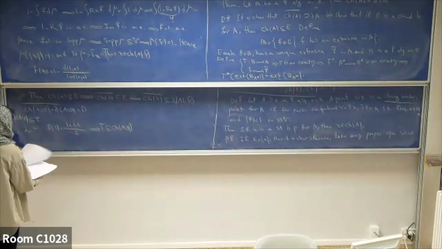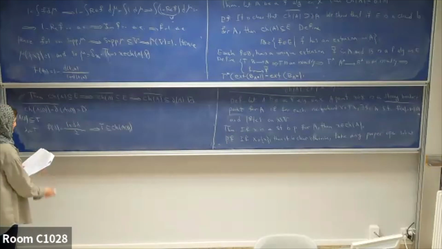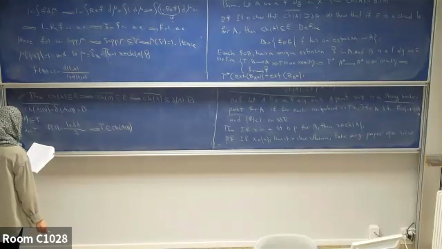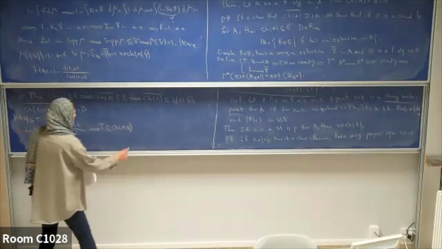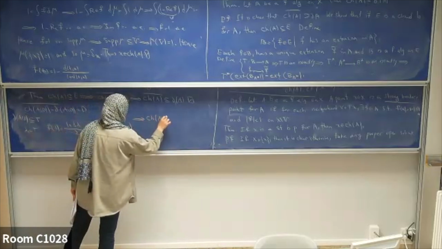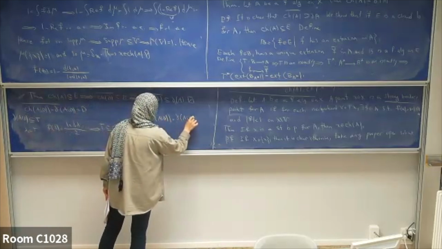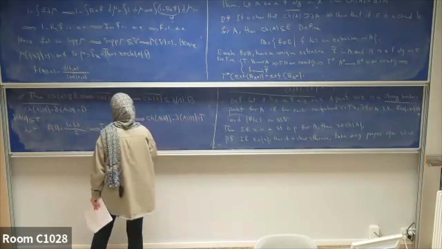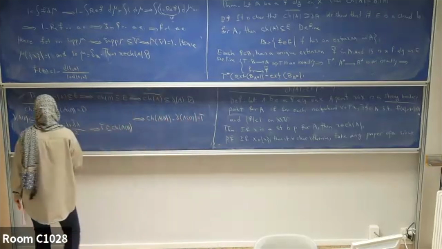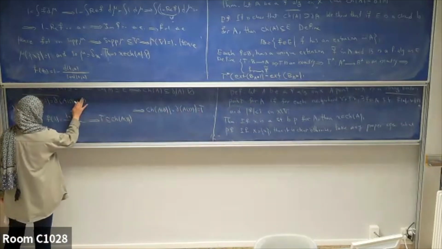And if you combine these relations, you can obtain that the Choquet boundary of the disk algebra, its Shilov boundary, is T. This bar here is, sorry, I wrote it by mistake here.